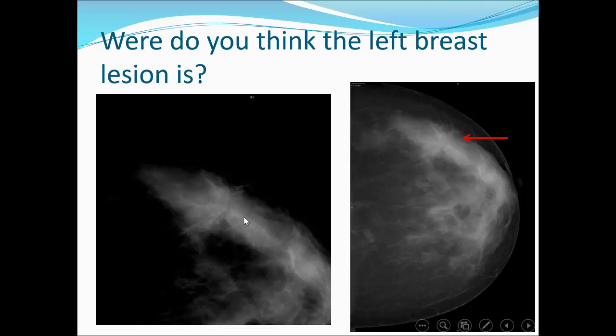And here is the classical malignant microcalcification. Here they are clustered microcalcifications with this parenchymal contour retraction. So you have here the two indirect signs we said before, the parenchymal tenting and the associated microcalcifications.